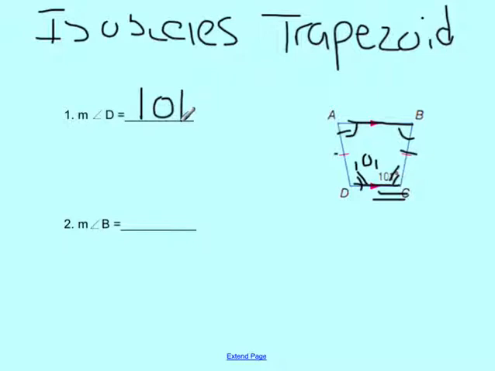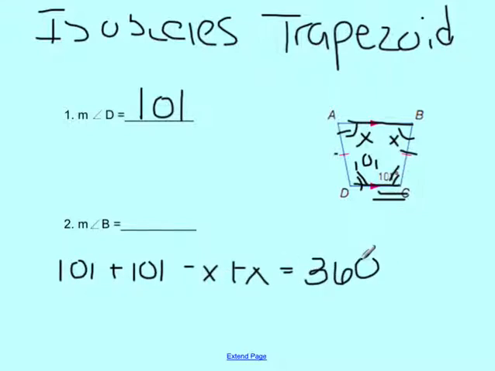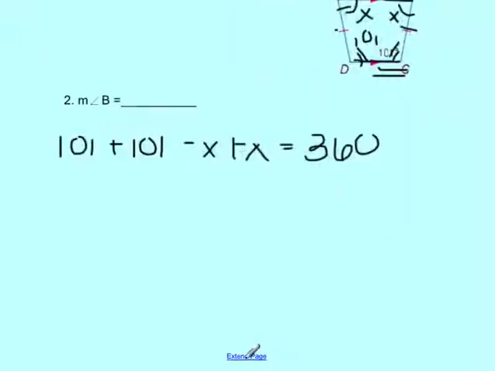Now we want to find the measure of angle B. Well, we know that B and A have to have the same measure, so let's just call it X. So then we have 101 plus 101 plus X plus X. Now recall that a quadrilateral has to add up to 360 degrees. So all of those angles in our trapezoid have to add up to 360 degrees. So 101 plus 101 is 202, plus X plus X is 2X, and that's equal to 360.